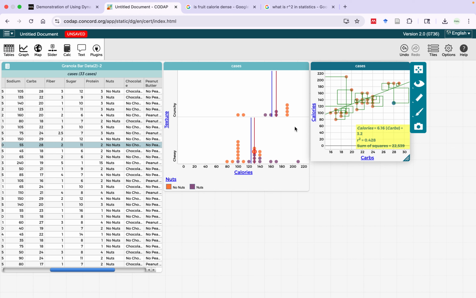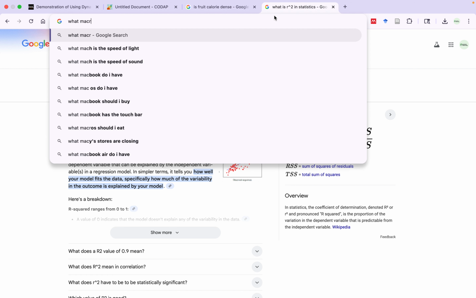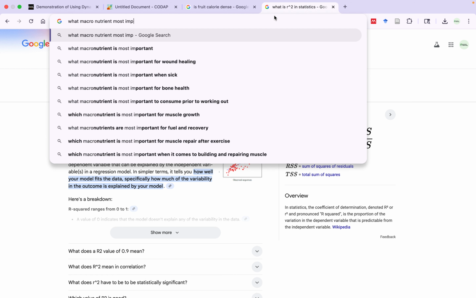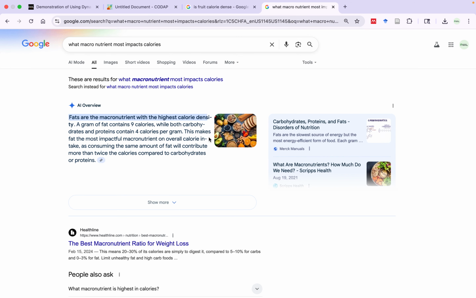What else affects calories? Carbohydrates. What macronutrient most impacts calories? Oh, fats. I knew that.